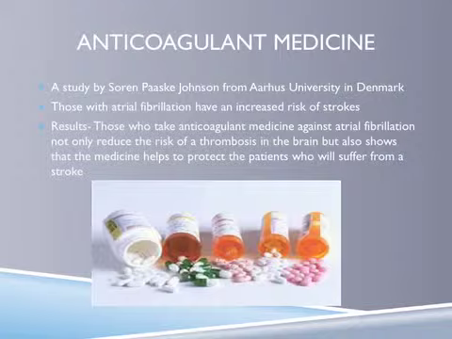The study looked at 65,000 Danes who live with a disease called atrial fibrillation, and he found that when he gave these patients an anticoagulant medicine, they actually reduced the risk of death and brain damage if a stroke occurred, which is a very common side effect of atrial fibrillation.